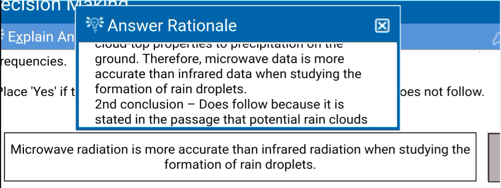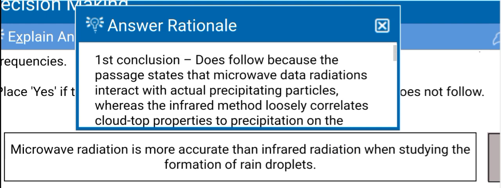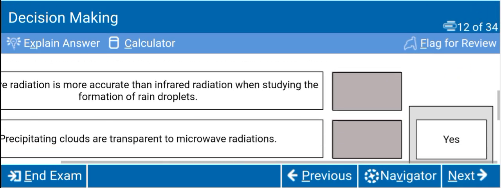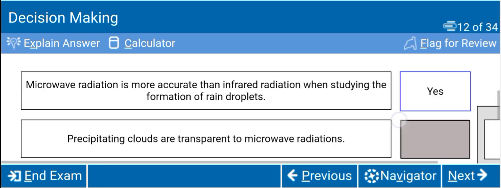Therefore, microwave data is more accurate than infrared data when studying the formation of rain droplets. So the first conclusion does follow the statement of the question. So that's why we will drag a yes and drop it here.